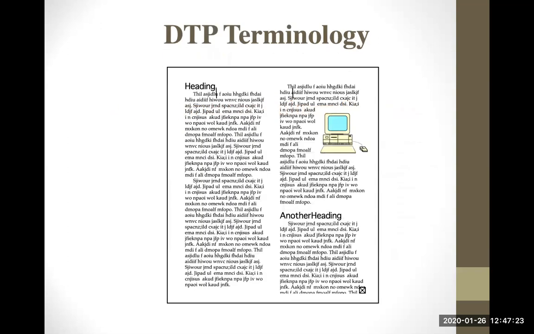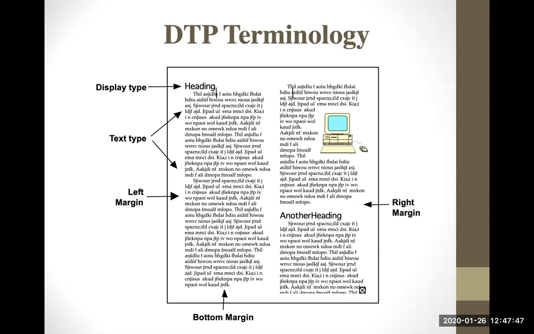Carrying on with that, then, a lot of different information regarding the text type. We'll look at those two different types and discuss when and how they should be used. There is very specific information for display type, the headings, our left margin, obviously, bottom margin, pretty evident there at the bottom of the page, and then clearly the right margin and top margin.